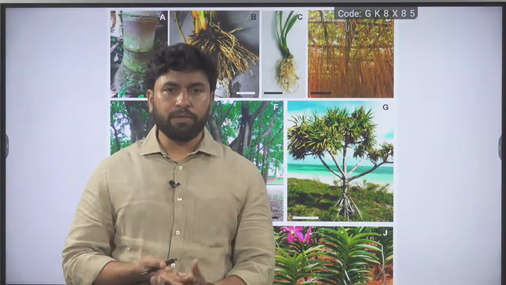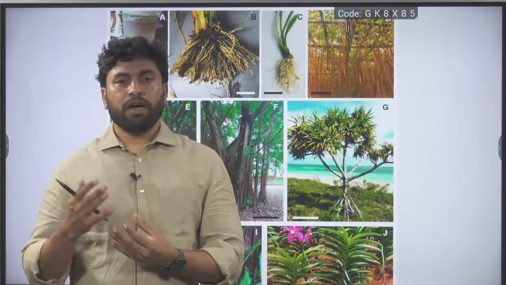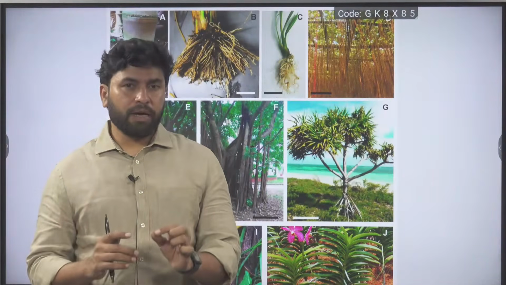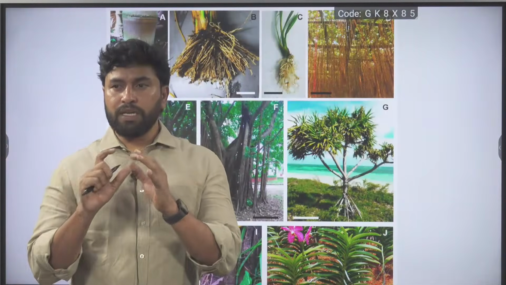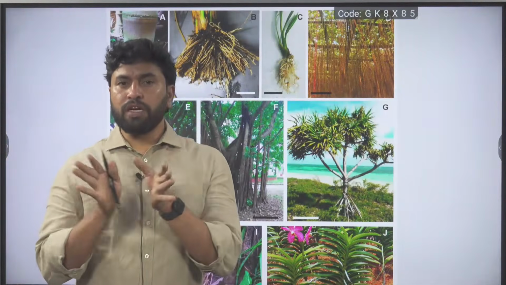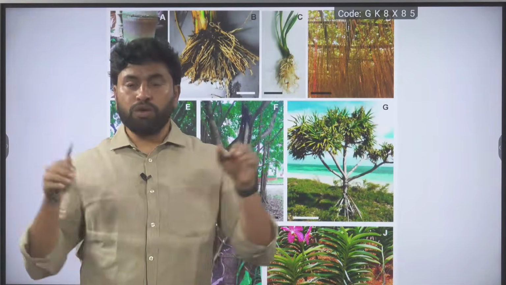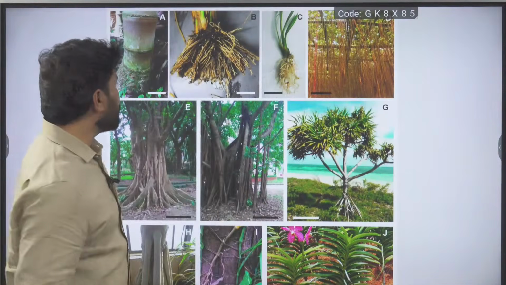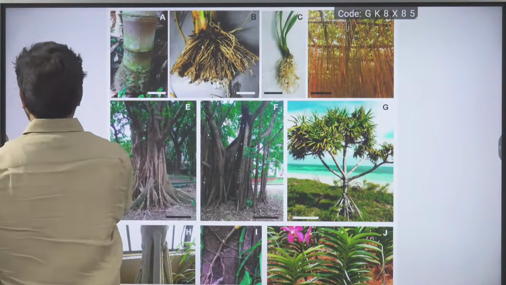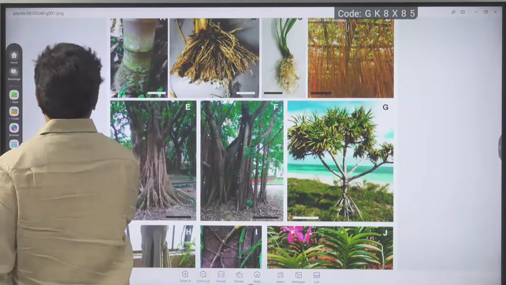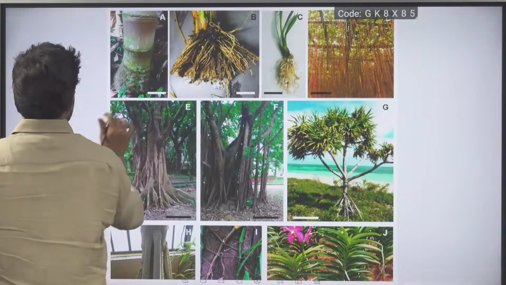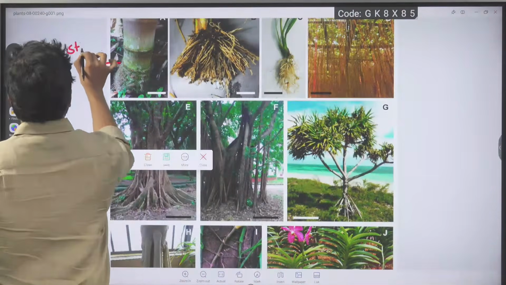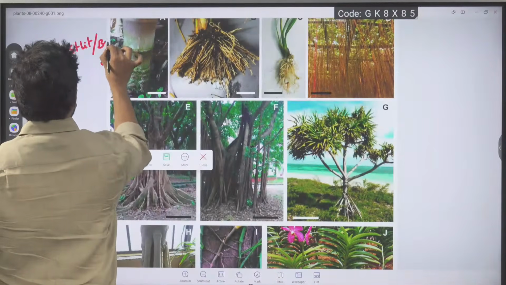Generally at the base of the stem it produces fibrous roots, and monocots usually produce fibrous roots. But what happens? Those nodes which are present near the soil started to expand roots to enter the soil to provide mechanical stability to the plant. Such kind of roots are called stilt roots or brace roots.